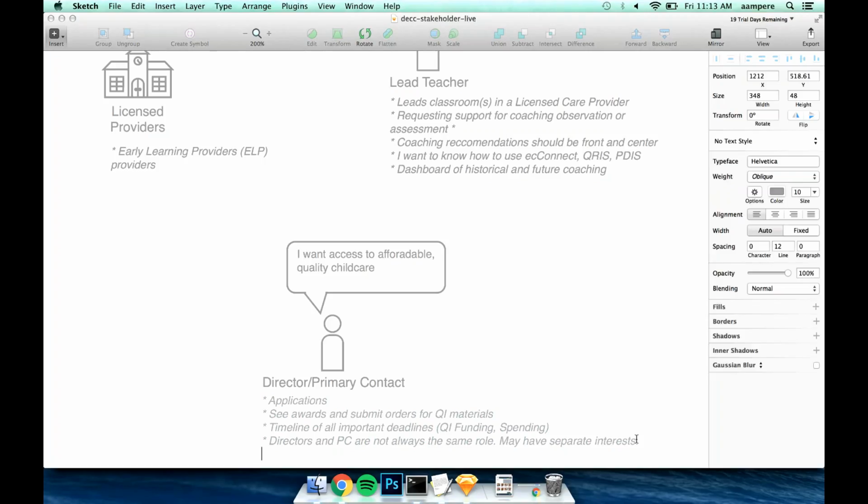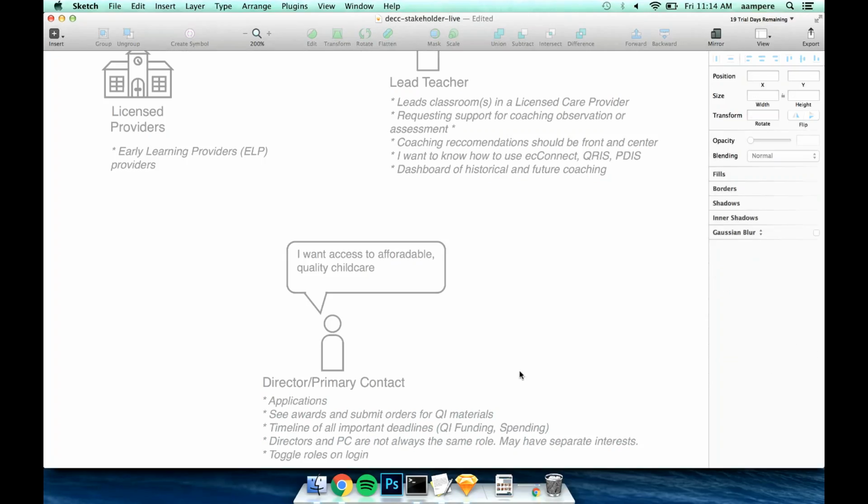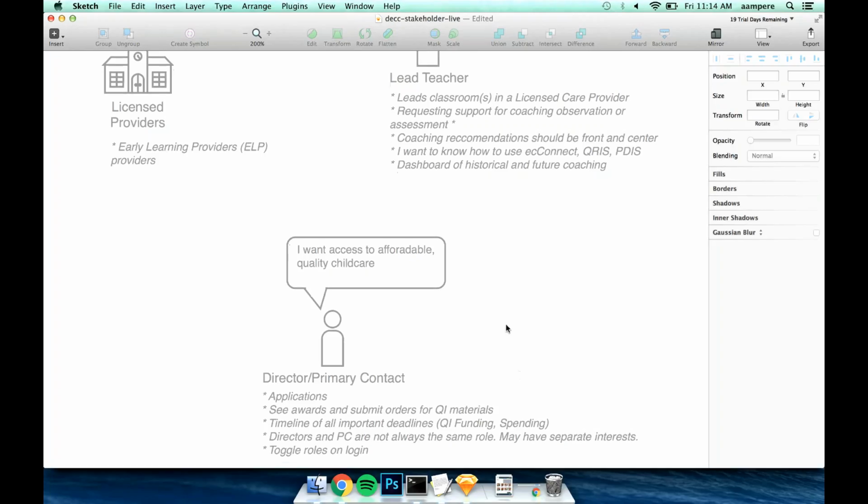And it wouldn't be for all directors, only for the directors who are in dual roles. And it works a lot like that for quality navigators, right? They log in, they can select the site that they're navigating on behalf of. Yep. Great. Do we have a quick mindset for this person?